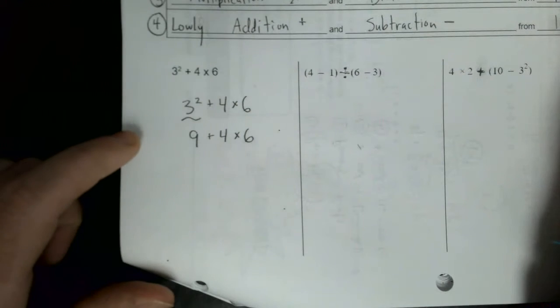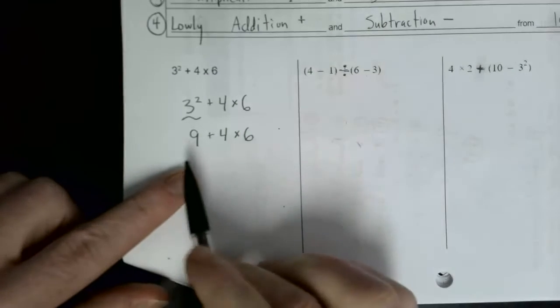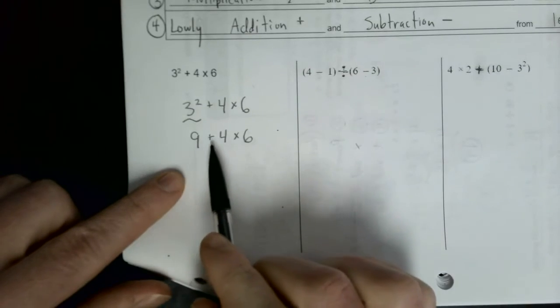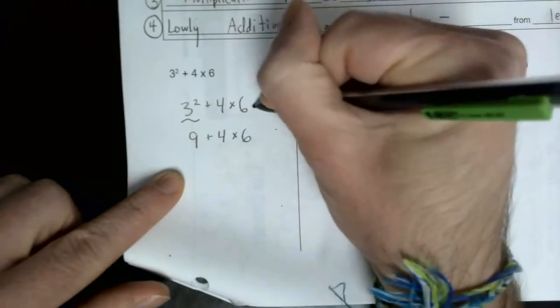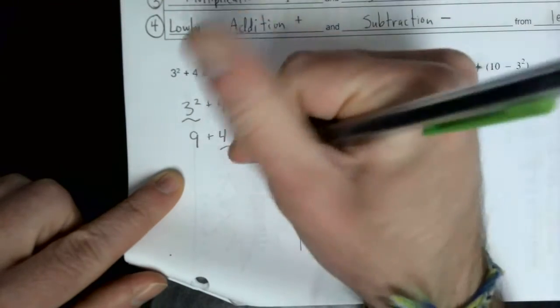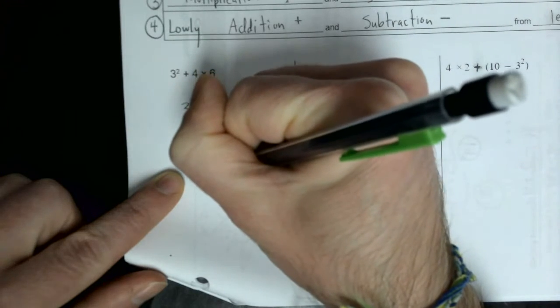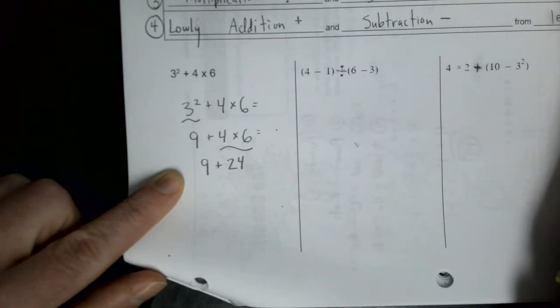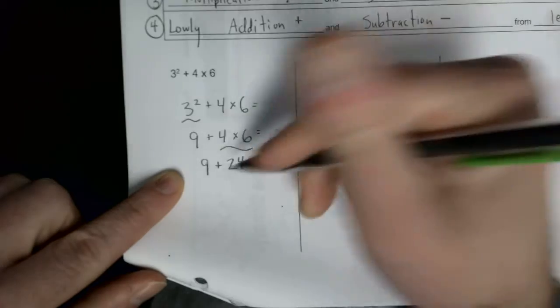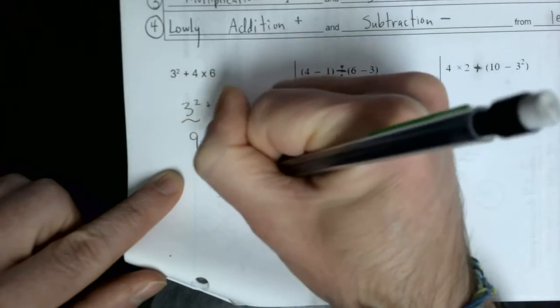Parentheses, nope. Powers and roots, nope. Multiplication and division from left to right. So we're looking from the left. Oh, we find multiplication. There it is. We'll do that next. 4 times 6 is 24. 9 plus 24, that's the last step, would be 33, and that's it.